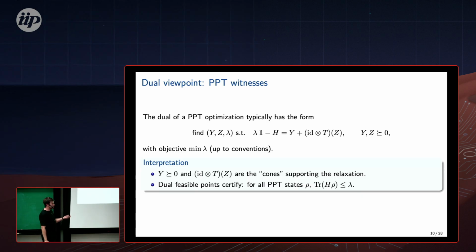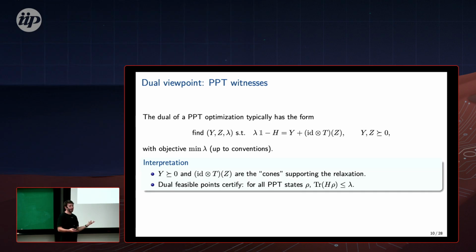So in particular, this has a very nice physical interpretation for this dual. Because let's say you're given some state rho, and you actually measure the expectation value of rho on H, and you get a value that is strictly larger than lambda. What does this imply? What do you know from this? Exactly, that the state is entangled, right?